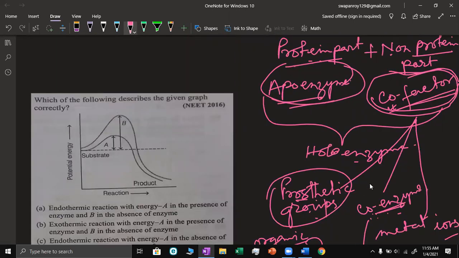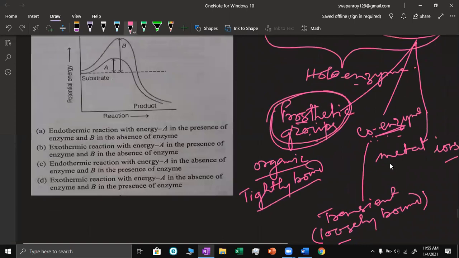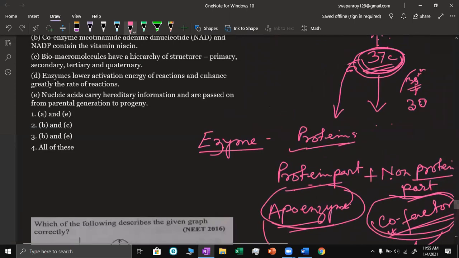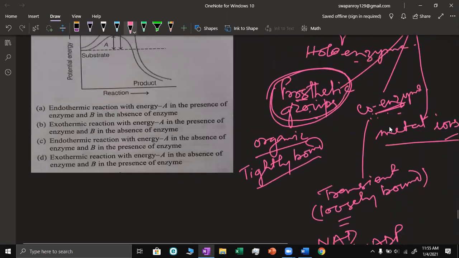And prosthetic groups are other organic compounds fixed to them. Then there are the metal ions. Many of the enzymes require the presence of some metal ions, like sometimes zinc, sometimes chloride, in some cases magnesium, in some cases Mn.